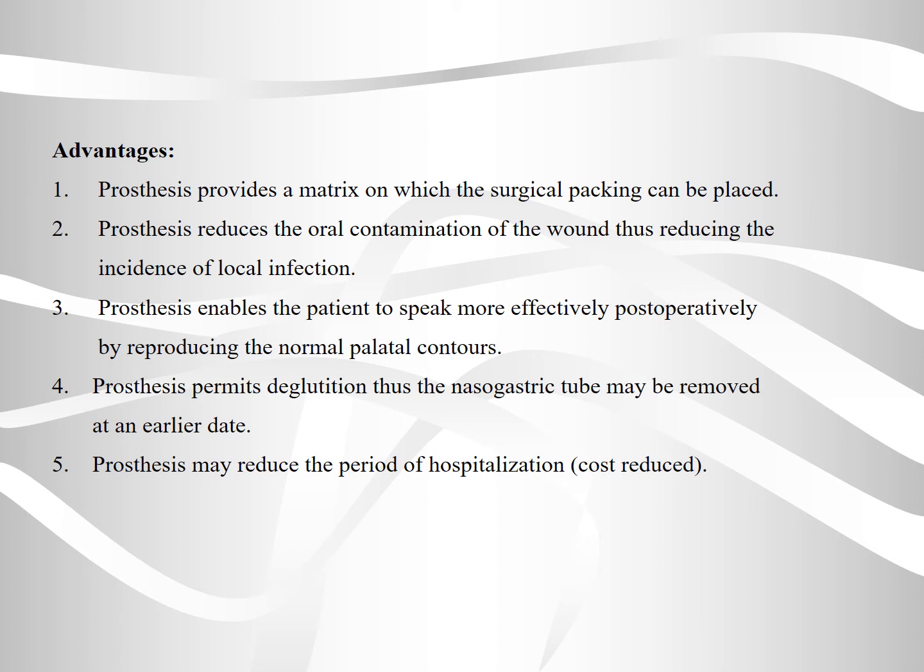It enables the patient to speak more effectively post-operatively by reproducing the normal palatal contours. It permits deglutition, so the nasogastric tube can be removed at an earlier stage. It may also reduce the period of hospitalization.